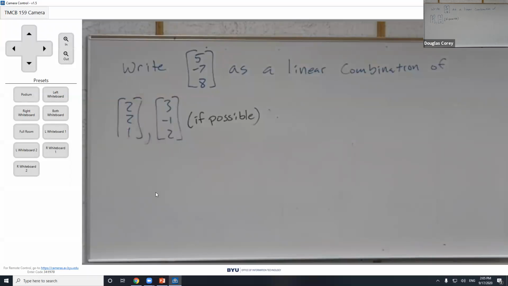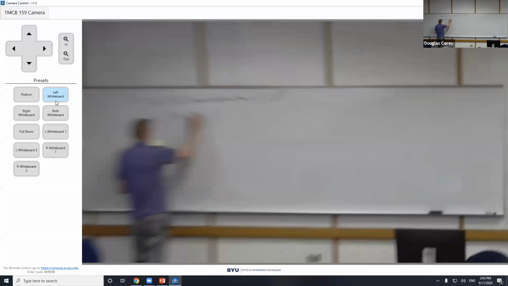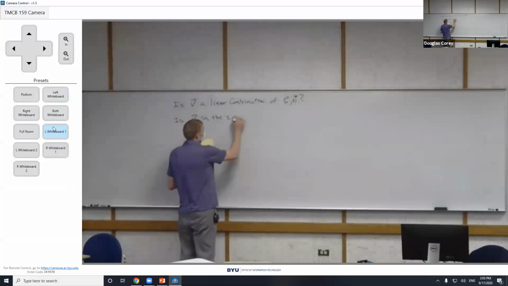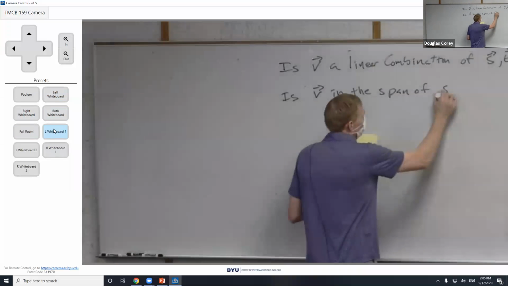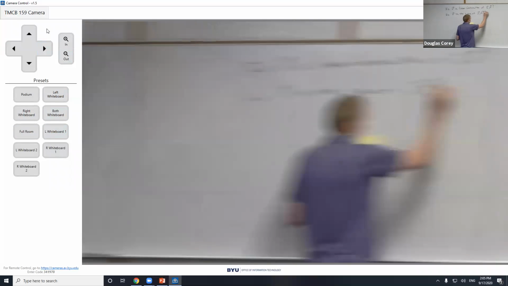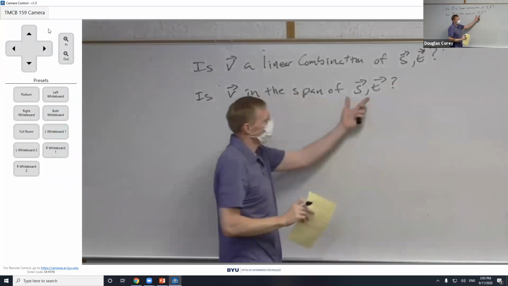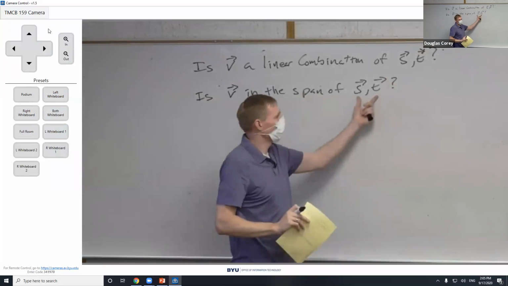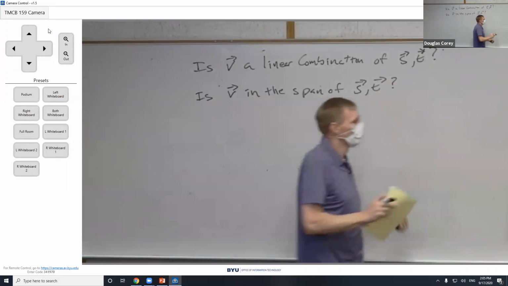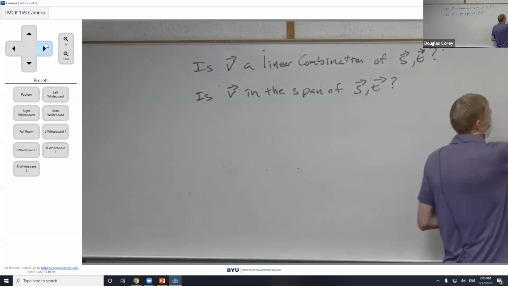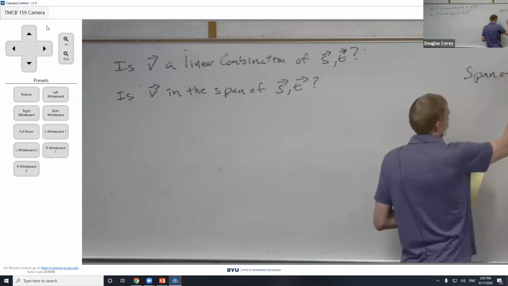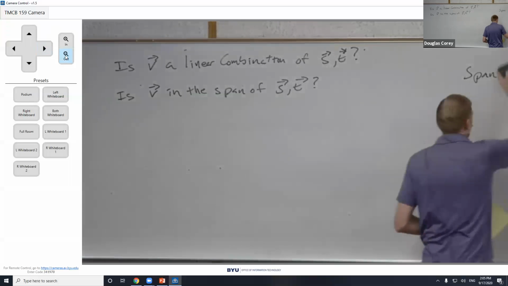You can ask this same question in a different way. You can say, is the vector in the span of S and T, because the span of S and T are all of the possible combinations of S and T. So in this case, you write it this way.